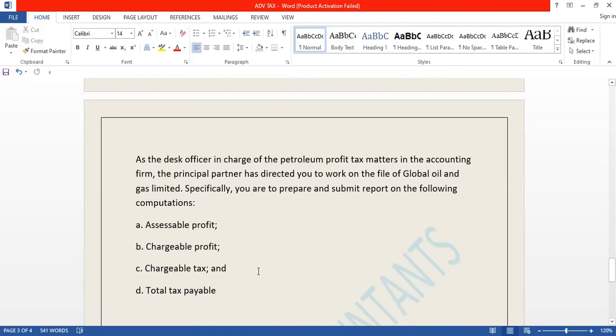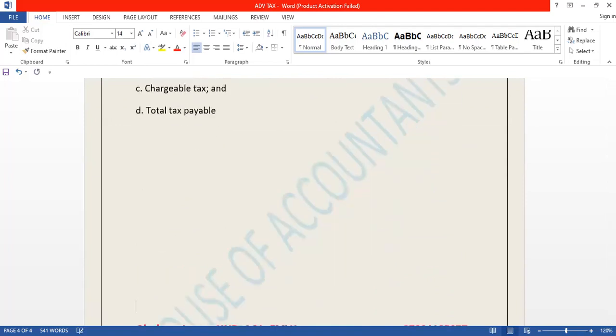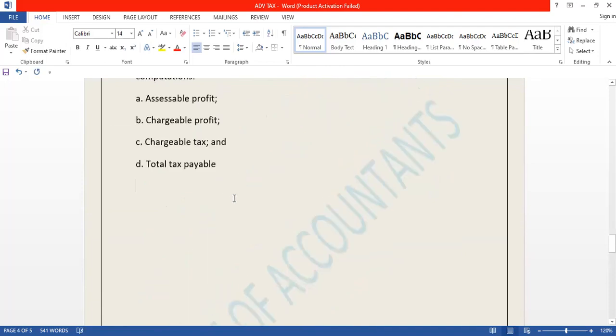So this is a standard question, and this type of question, you will see it as question 1 if they want to test it as question 1. By the time you check the last year's exam, I think it was under Pioneer or company income tax.